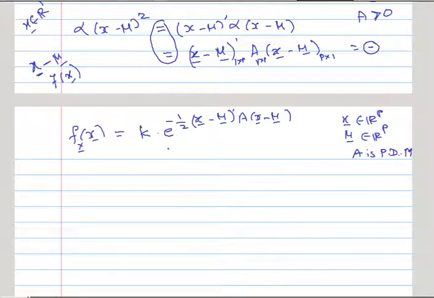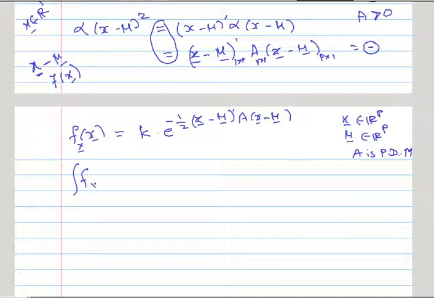Now the only part that remains is to determine this particular quantity k. Again the same thing: if it has to be called a density, then its integration has to be 1.